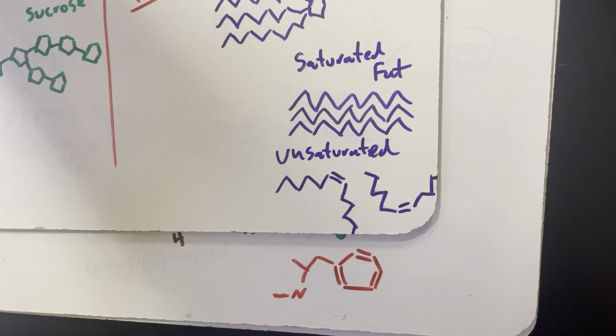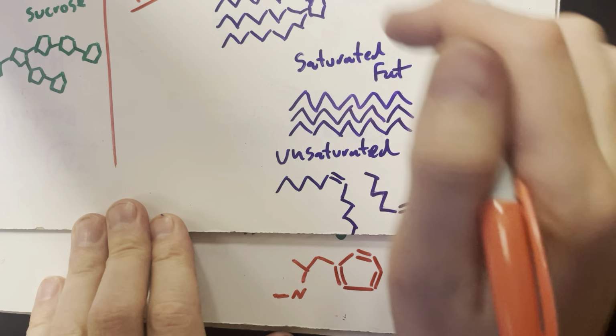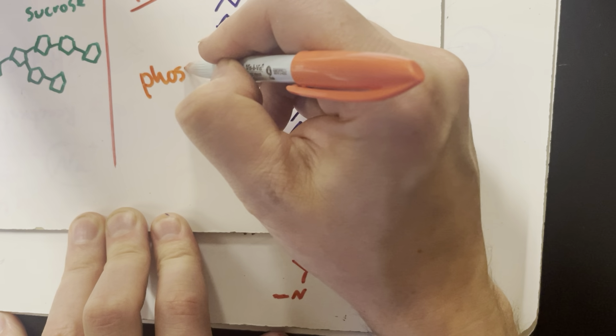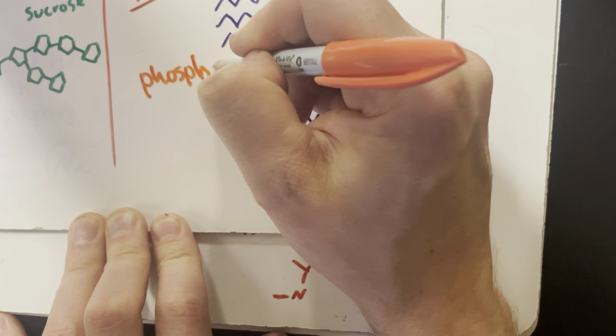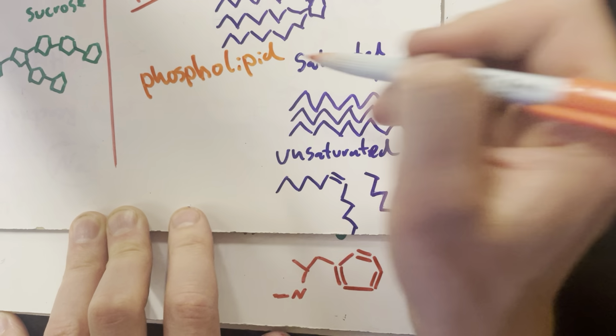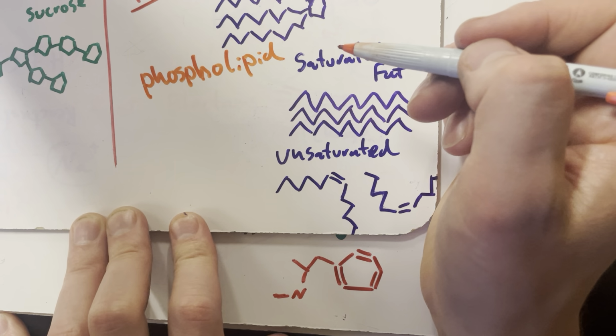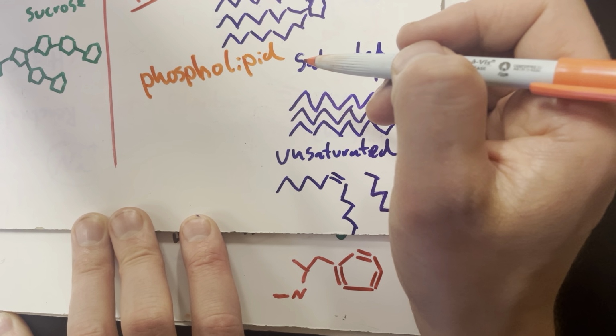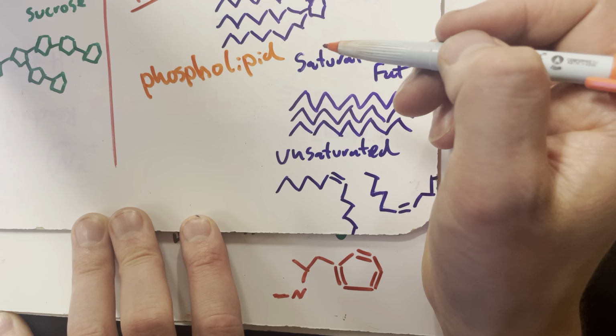One more super important fat type thing, or lipid, we gotta cover is called a phospholipid. What does phospho mean? It's just an element.